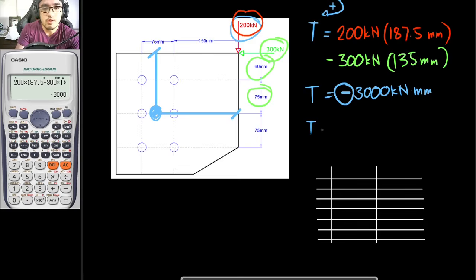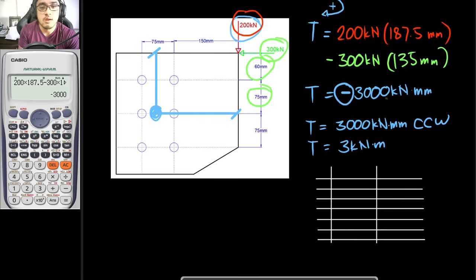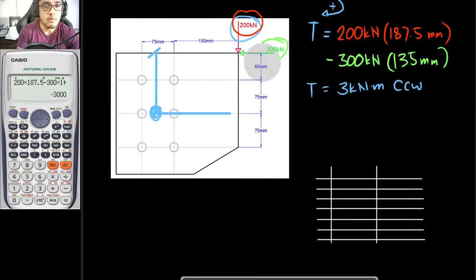So torsion is equal to 3,000 kilonewton millimeter counterclockwise. And if we convert this into kilonewton meter, torsion is equal to 3 kilonewton meter. So what I did right here is just divide this value by 1,000 to convert it into kilonewton meter, counterclockwise. I will delete this to make space.